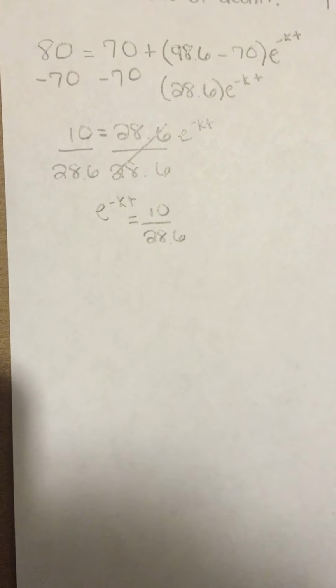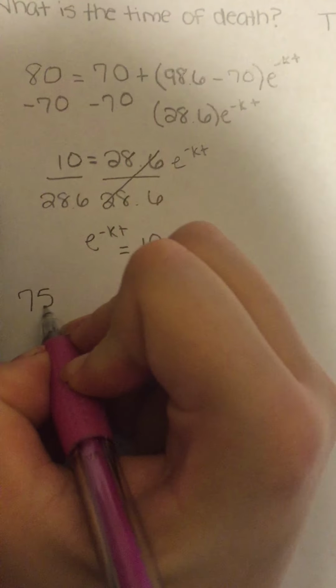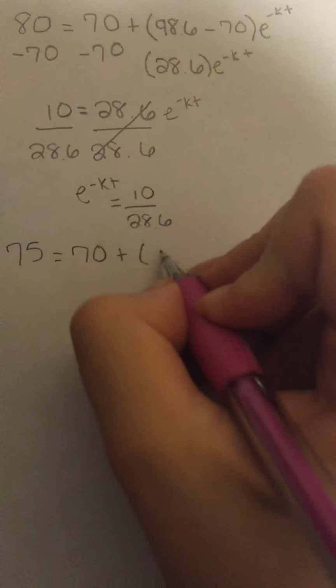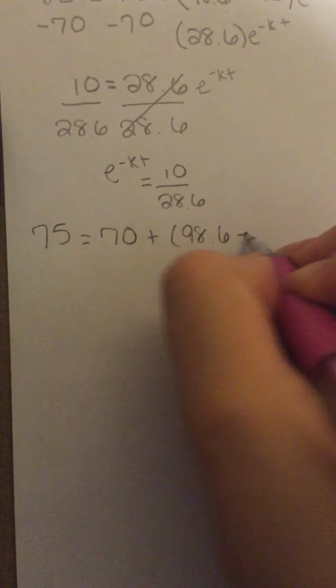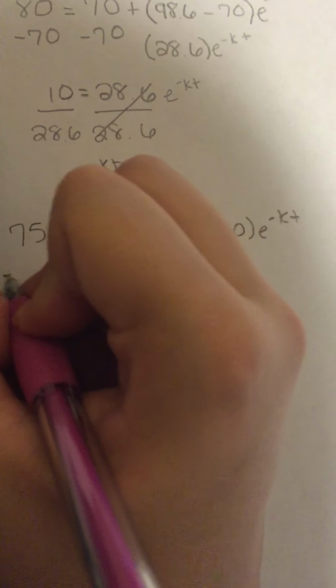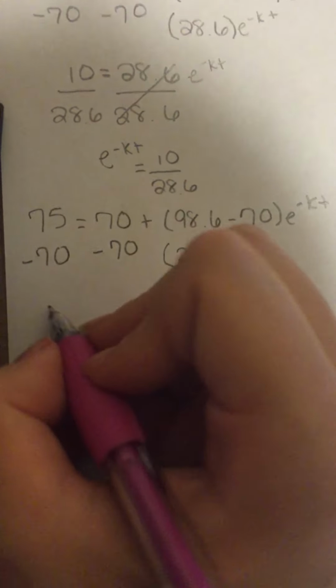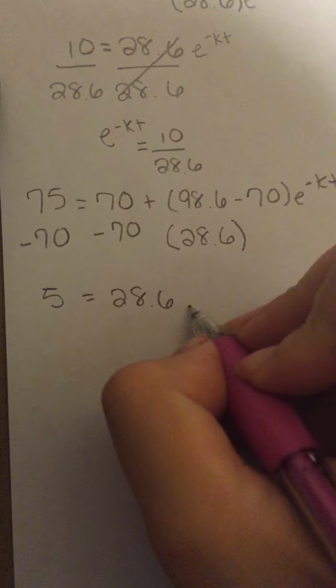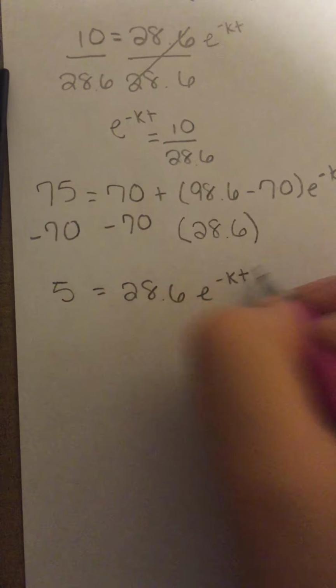I will then take the temperature of the body after an hour has passed, which is 75 degrees, and put that into Newton's law of cooling equation. I will then subtract inside the parentheses, which gives me 28.6. I will subtract 70 from both sides, which leaves me with 5 equals 28.6 e to the negative kt.